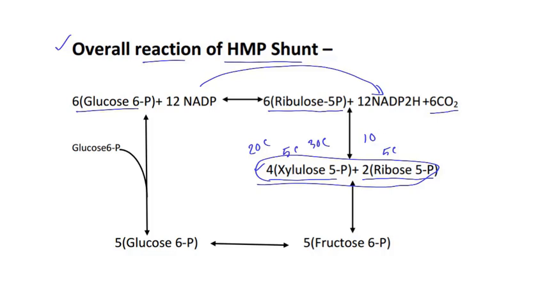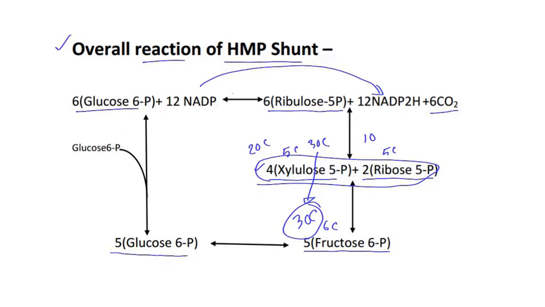In the successive reactions, 5 molecules of fructose 6-phosphate are produced, where fructose has 6 carbons and 5 fructose contain 30 carbons. Then these 5 molecules of fructose 6-phosphate produce 5 molecules of glucose 6-phosphate.